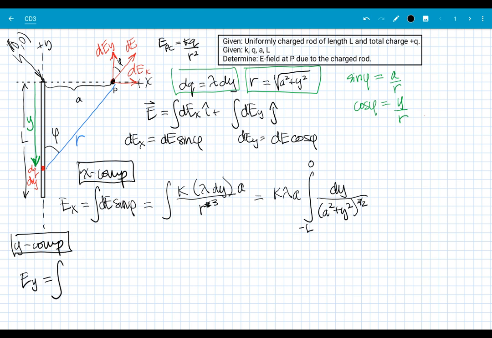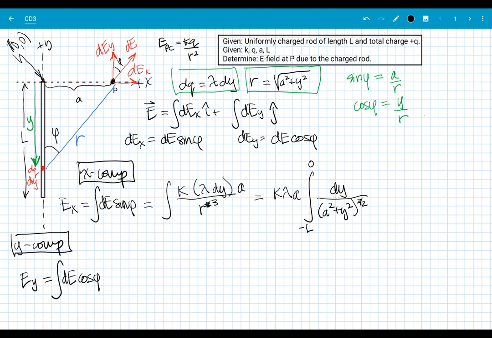Now I'm looking at dE cosine phi. If I add up all the dE cosine phis, that's going to give me the y component of my electric field. And I can see that those are all pointing upward, just like the x component contributions, the dE sine phis, which were all pointing rightward. So this problem is really straightforward as far as direction is concerned.